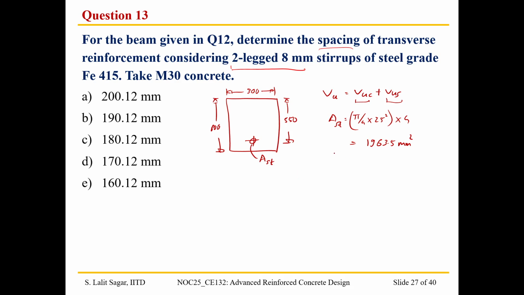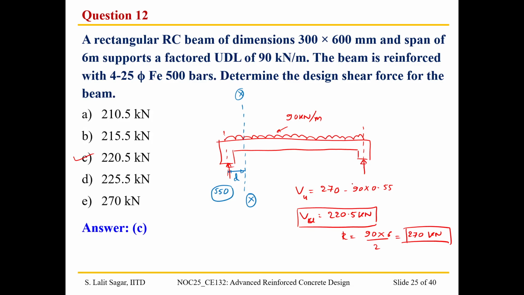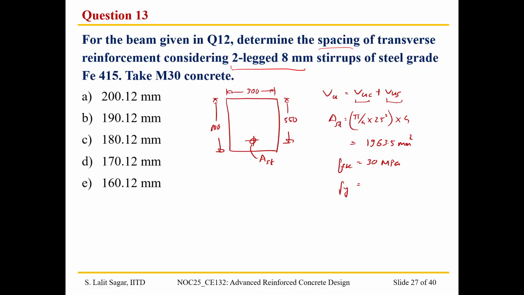And FCK is 30 MPa, and FY is 500 for the longitudinal reinforcement, and for the shear stirrups FYS is 415 MPa.